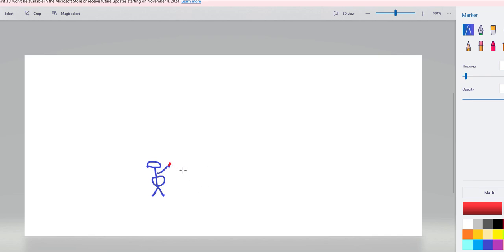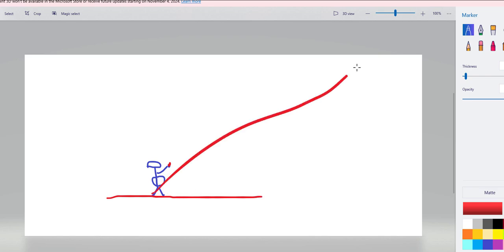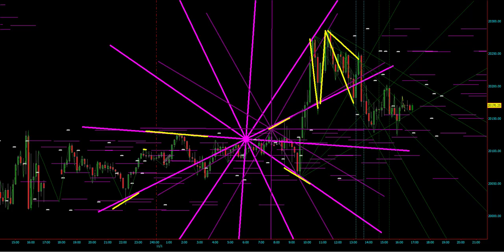Physics 101, they teach us all in physics. 45 degrees is the best angle to throw the ball at. It goes the maximum distance. So if I find this trend, the way the green line trends right here, these are the trend lines I'm talking about. I'm not talking about the typical trend lines, right? This is a part of the Gann system itself.